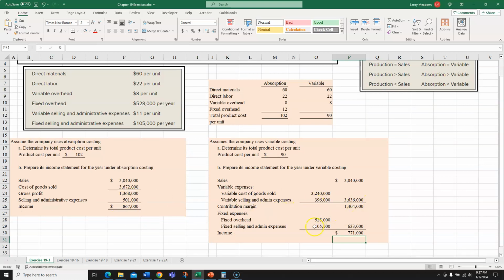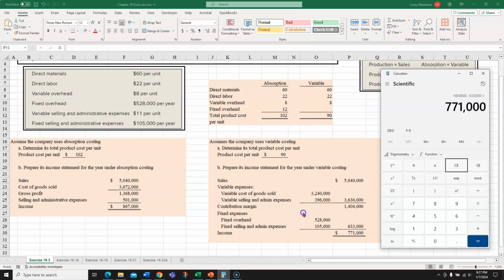Because under variable costing, my fixed overhead was expensed off entirely. Under absorption costing, the only fixed overhead that was expensed was that included in cost of goods sold, and we sold 36,000 units. So the difference between these two is 867,000 minus 771,000. The difference is $96,000.